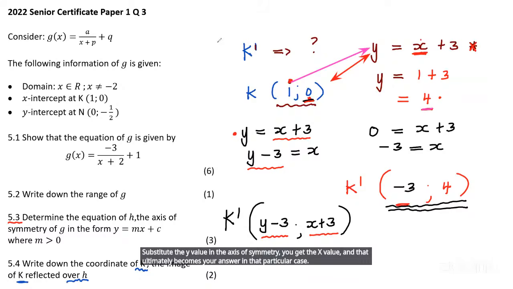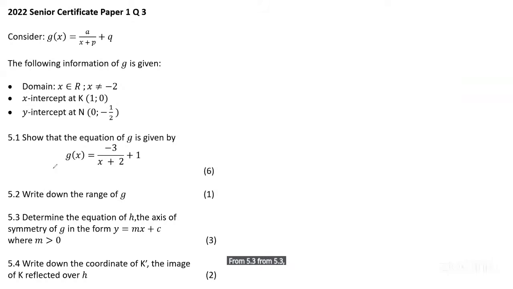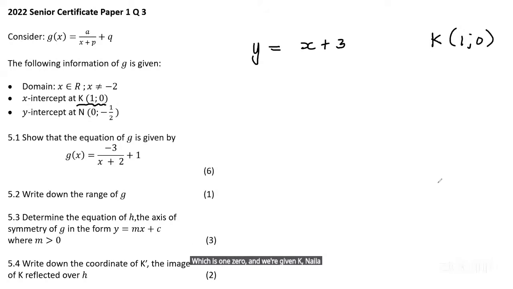So all you do again, just to reiterate, remember from 5.3, I'm going back quickly. From 5.3, we found the axis of symmetry as y equals x plus 3. The coordinate of K is (1, 0), and this K is reflected in this line.